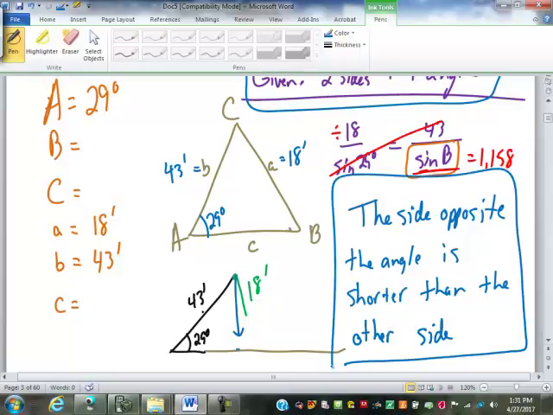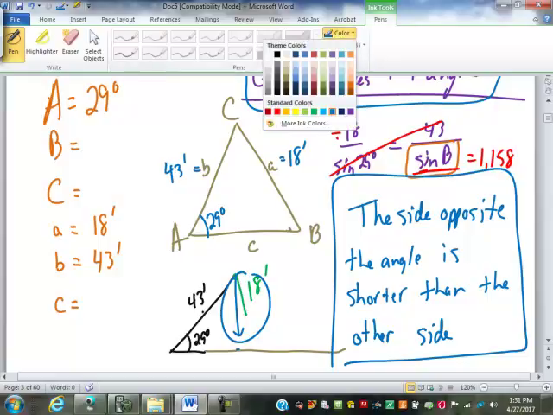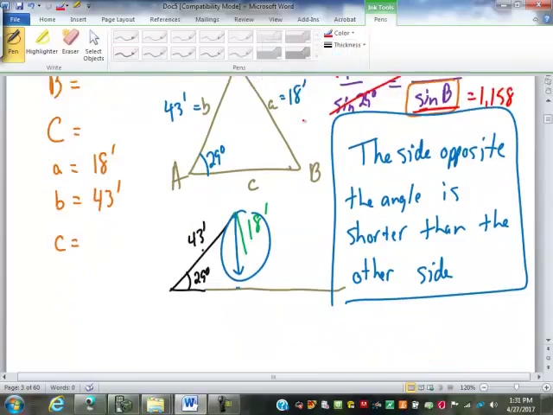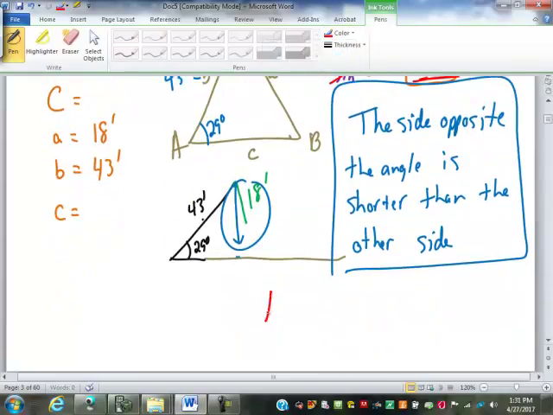Now that doesn't mean it's impossible. I mean, it's possible for this side to be shorter and still make a triangle. But one of the possibilities is, if that side opposite the angle is shorter than the other side, it's possible he doesn't make a triangle. No triangle.